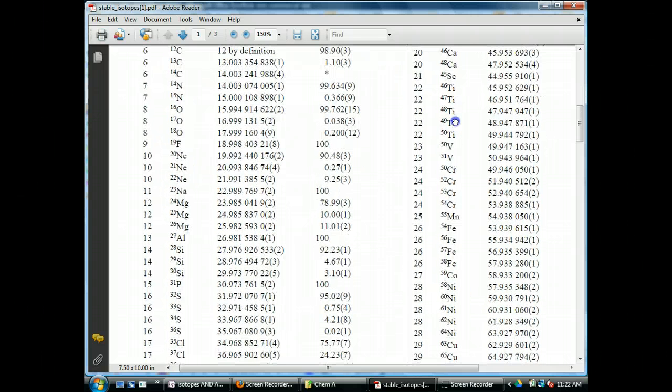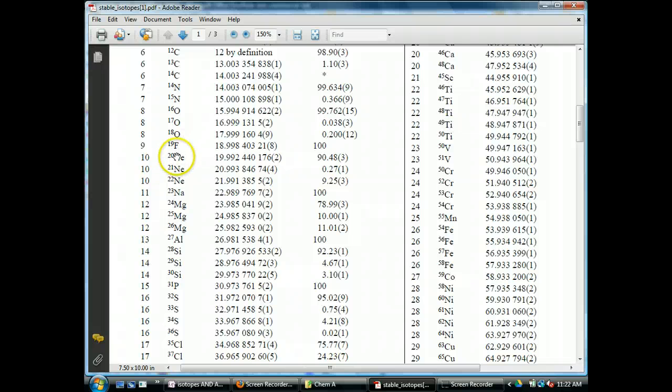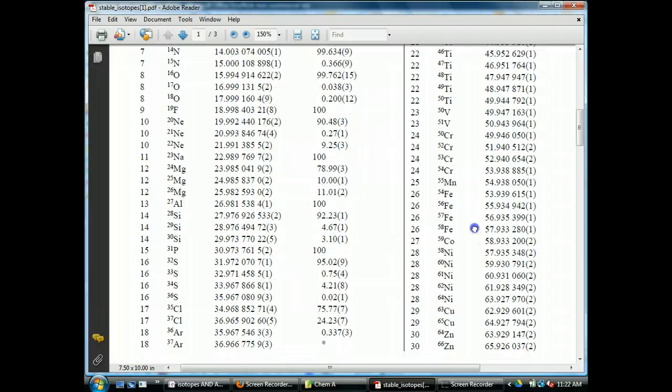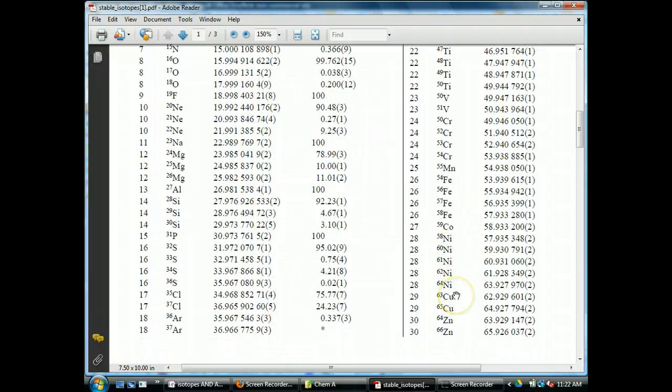Some elements have only one isotope, like fluorine. There's only fluorine 19. Others have lots of them. You can see nickel has 5 different isotopes. Now, there are not an unlimited number of isotopes like you might think. You might think, oh, if I could just add any number of neutrons, I could make all sorts of different isotopes. But it's not true because, as we'll see next week, changing the number of neutrons changes the stability of the nucleus.